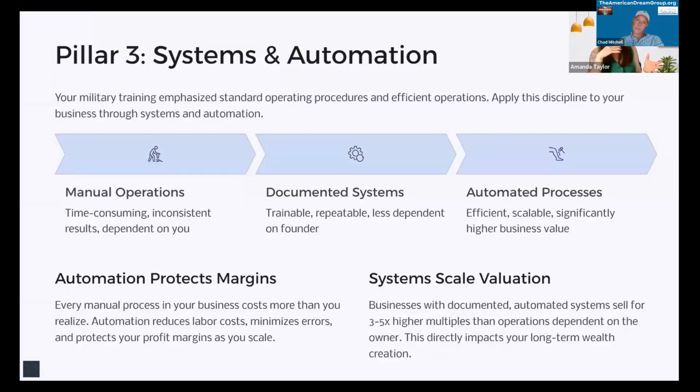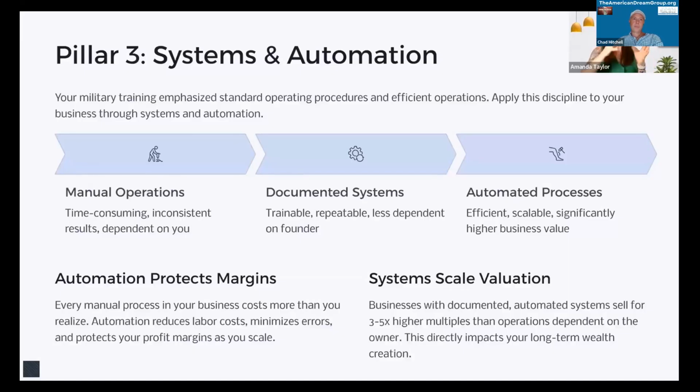I want you to take a couple seconds and think, how many tasks each day am I performing over and over again? And how many of those could be automated? Okay. Another thing we want to look at is documented systems.